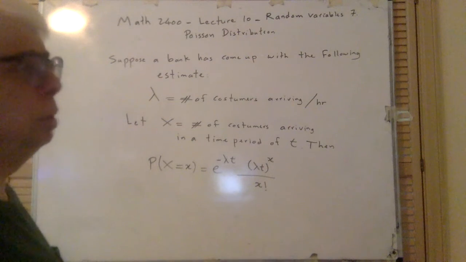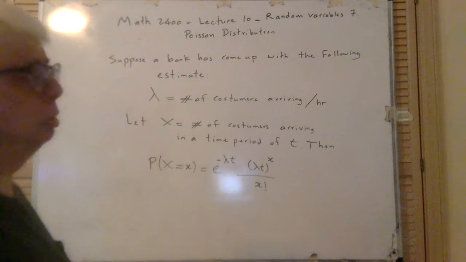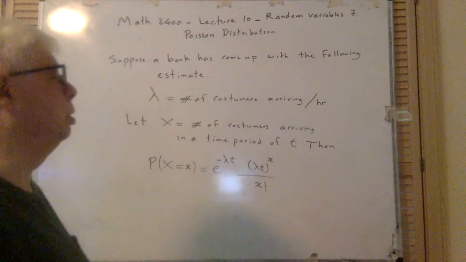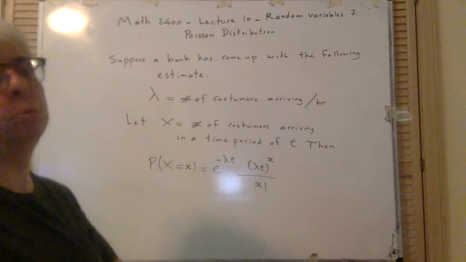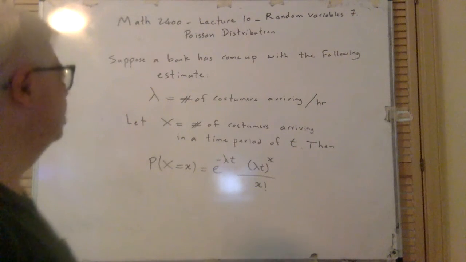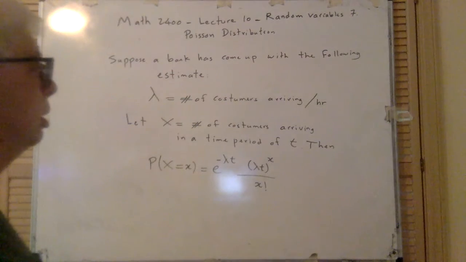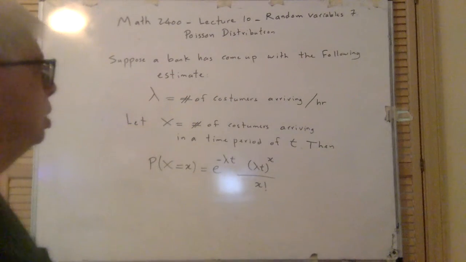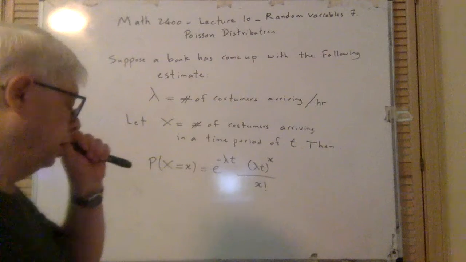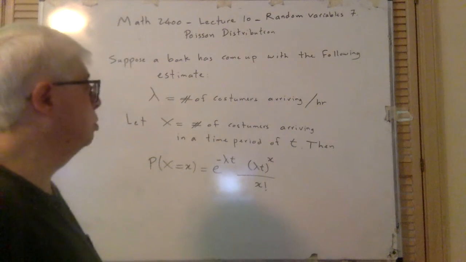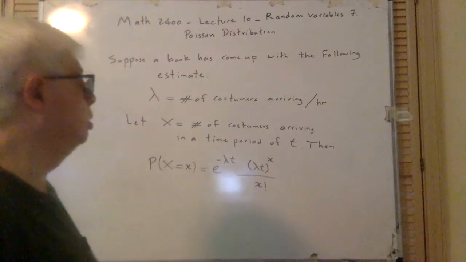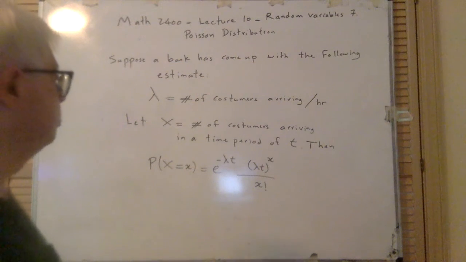You can do that either by something that counts the number of customers, or just put somebody over there to count the number of people entering the bank. But anyway, they have come up with this number. Lambda is the number of customers getting into the bank per hour.